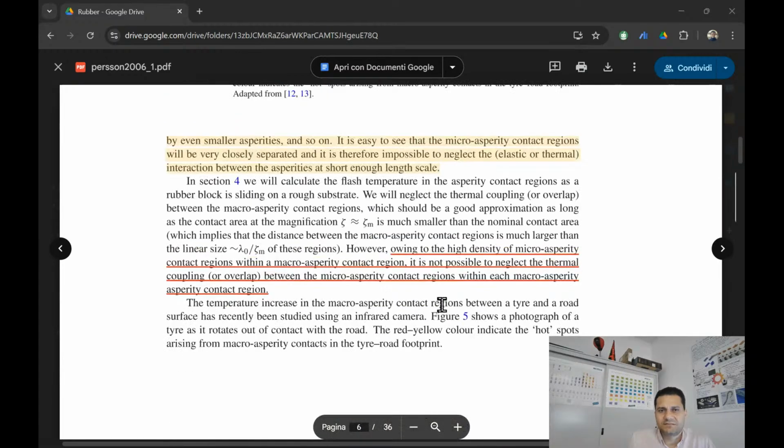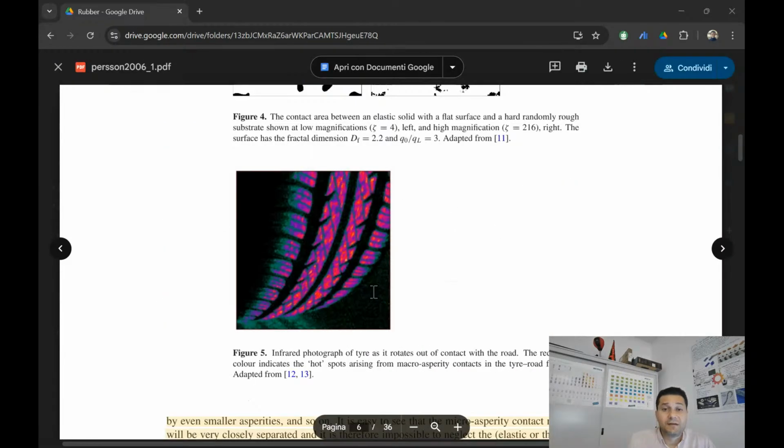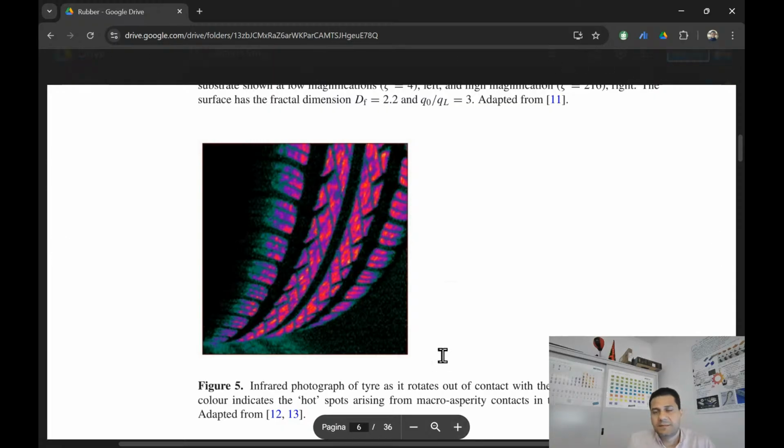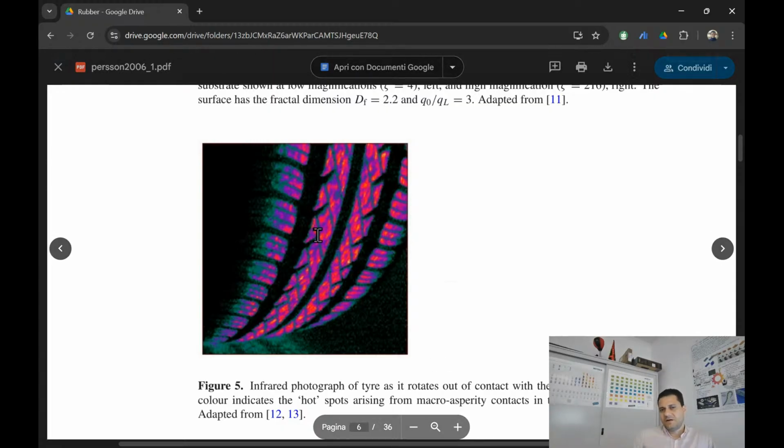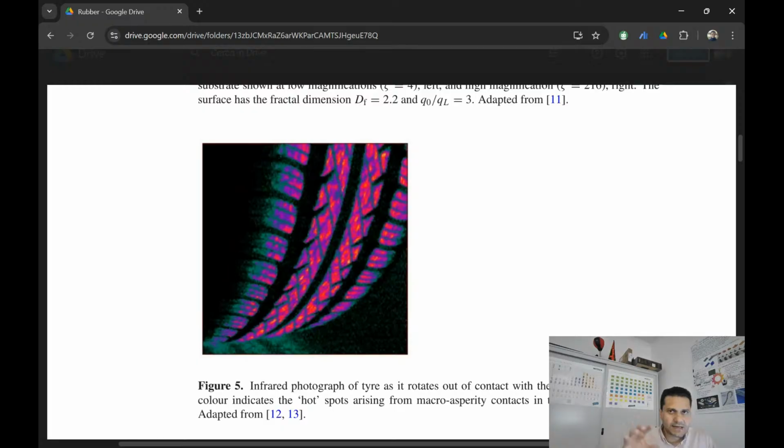Here it is, figure 5. This is a very interesting point because here we see this effect from Persson, because you see a tire with very clear contact zones, but with an infrared camera, we should see every contact zone red or yellow, depending on the color scale of this camera.